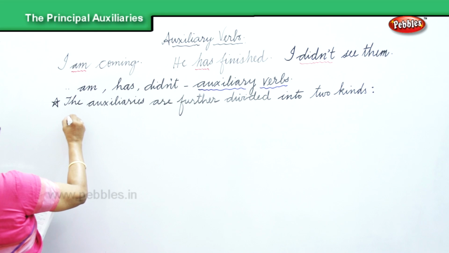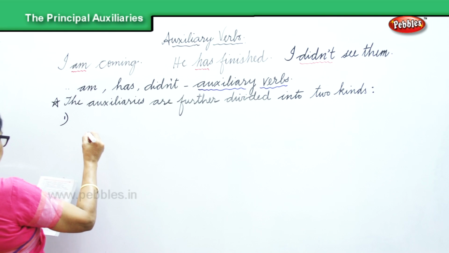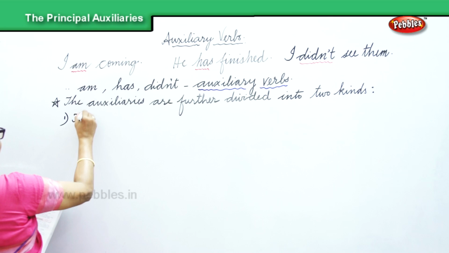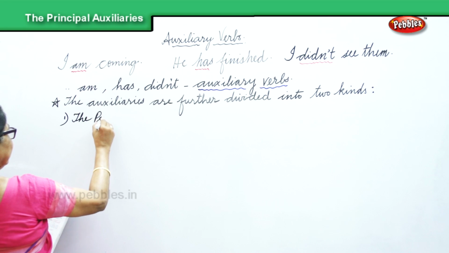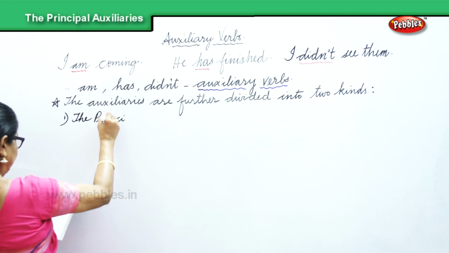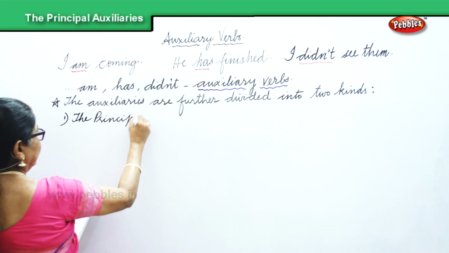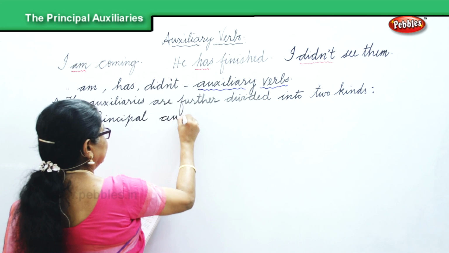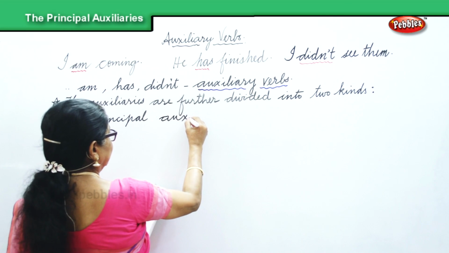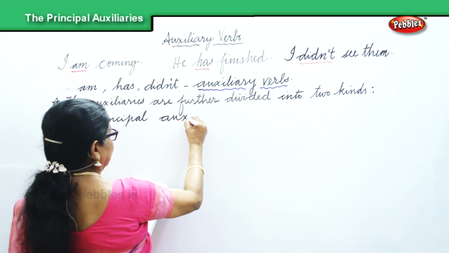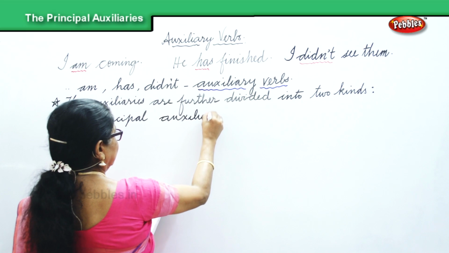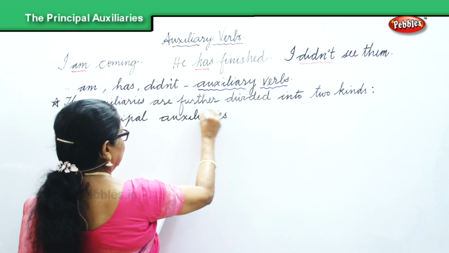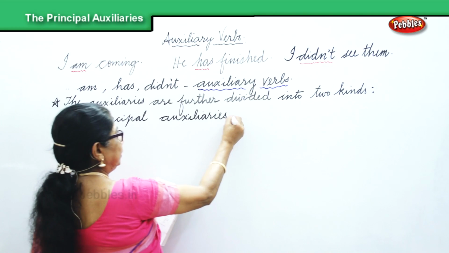One, the principal auxiliaries, that's the first one.